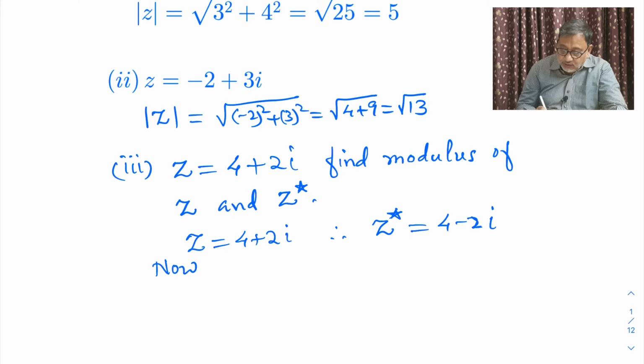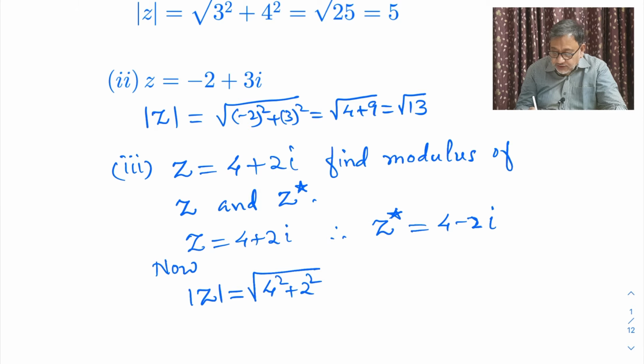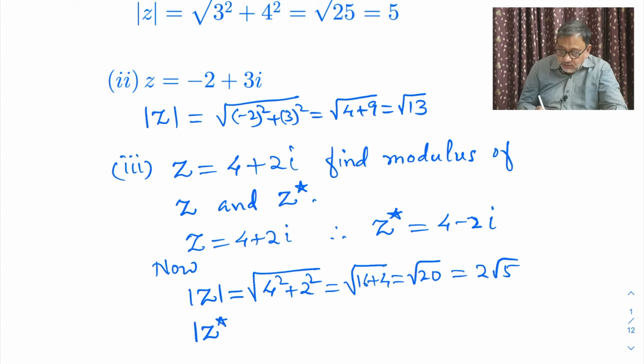Now the modulus of z will be the square root of 4 squared, the real part squared, plus 2 squared, the imaginary part squared. It will be 4 squared, 16, plus 2 squared, 4, the square root of 20, which is 2 root 5. Now let us see what the modulus of the conjugate will be.